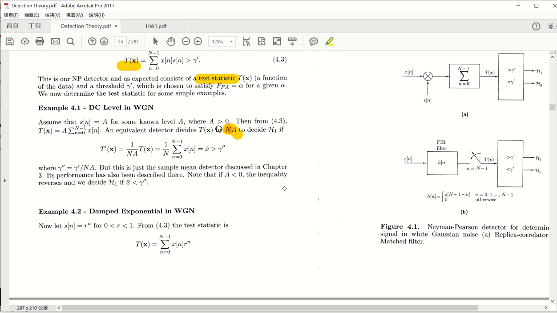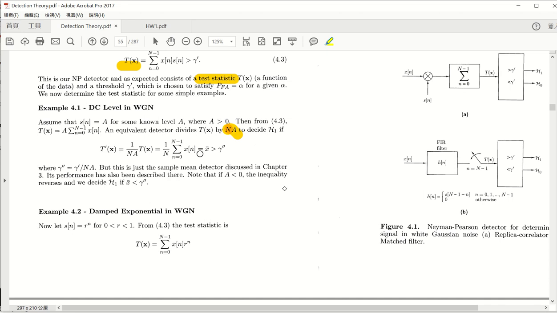So what we are saying here is if your signal is just a very simple signal, just a constant A, then what happens is you do the sample mean. Intuitively, that's trivial. But at the same time, by coincidence, that sample mean detector is consistent with the likelihood ratio detector and it's consistent with the Neyman-Pearson detector.